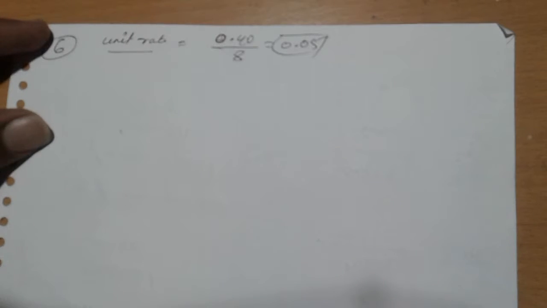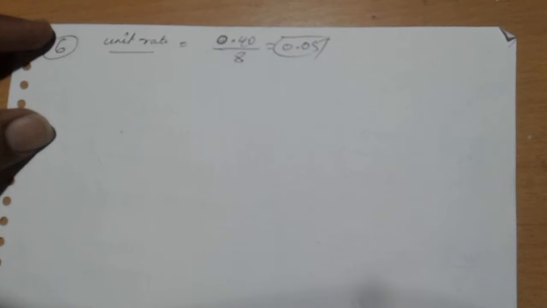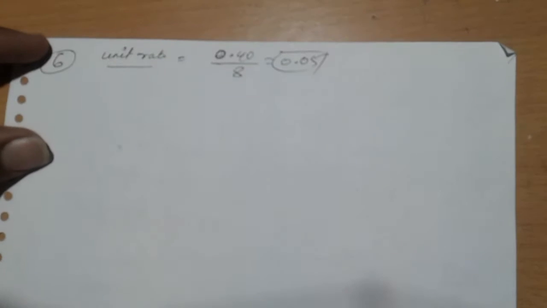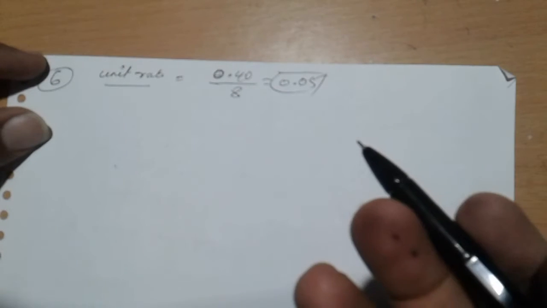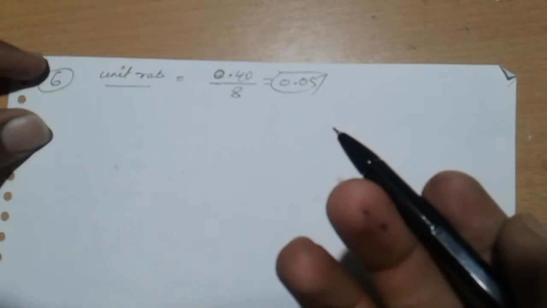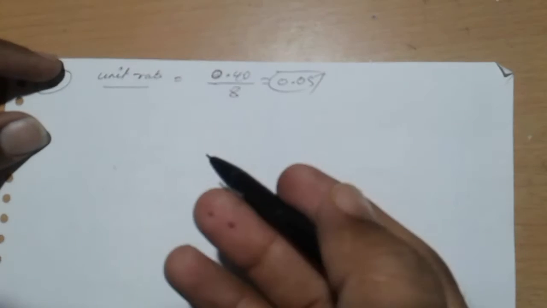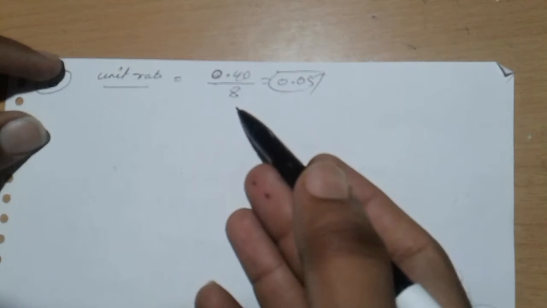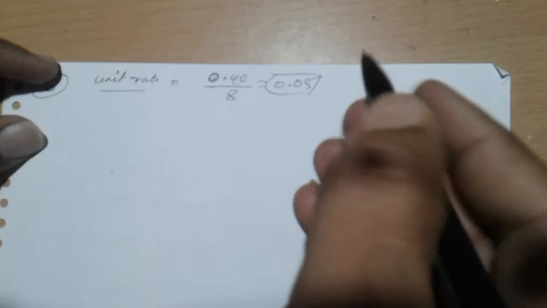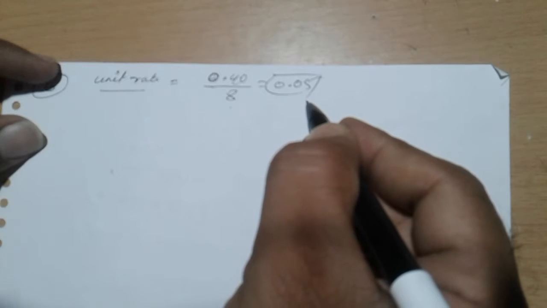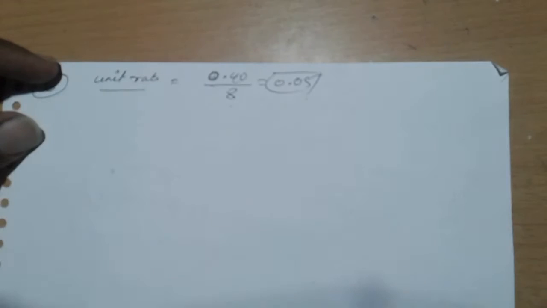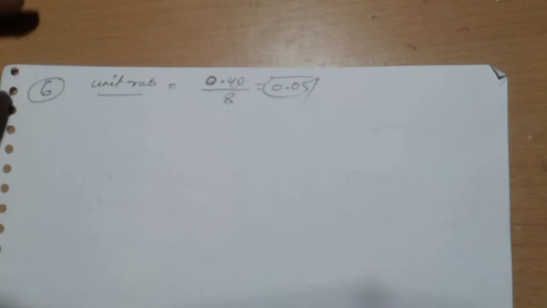Because in the question, 40 paisa is given for 8 units per hour. So we get 40 paisa per hour, and per hour we produce 8 units. So per unit, 5 paisa is the cost. It is the piece rate.